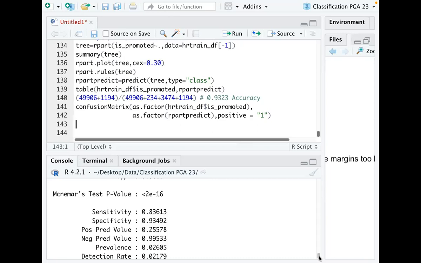Here also, no problem is showing, but what is happening is you are getting mean square error. That means it is treating it as regression data. So here you have to add as.factor.